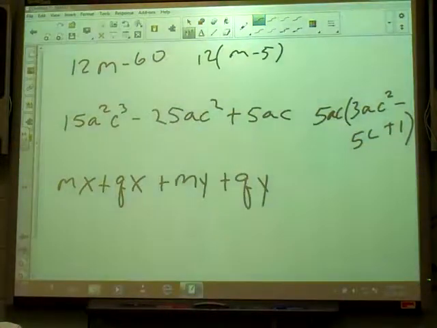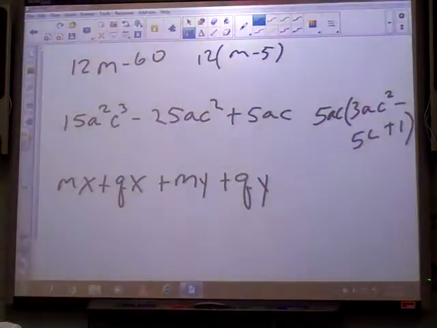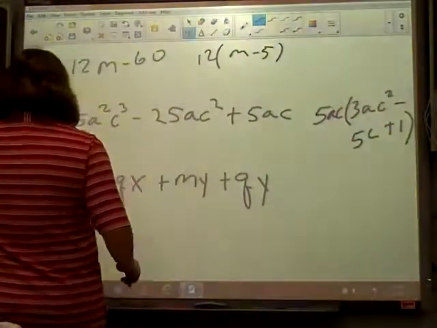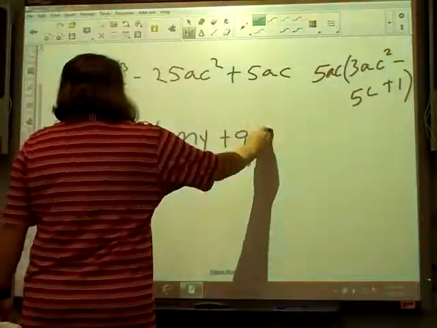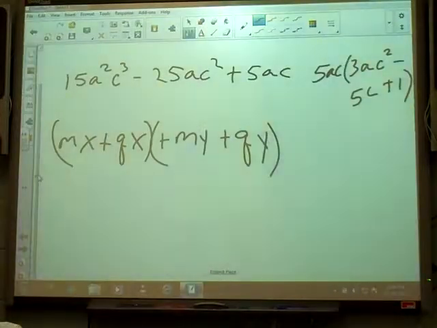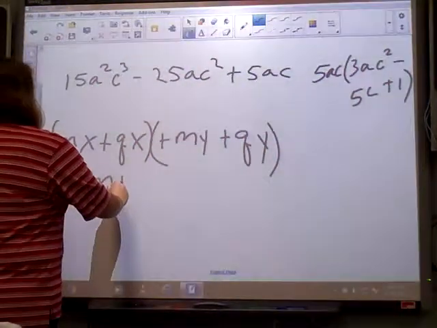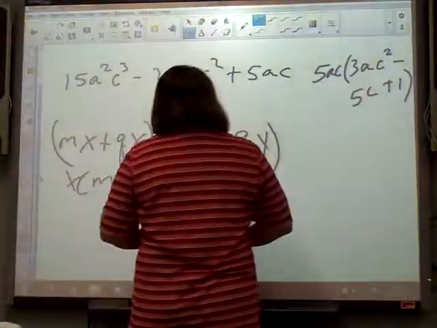Alright, I hinted to you about the grouping on the last one. Did it work like it was, or did you need to reorder it? As it was. It worked good. So let's look at that. First group, what's the GCF? X. That leaves us with an M plus a Q. What about the second one?